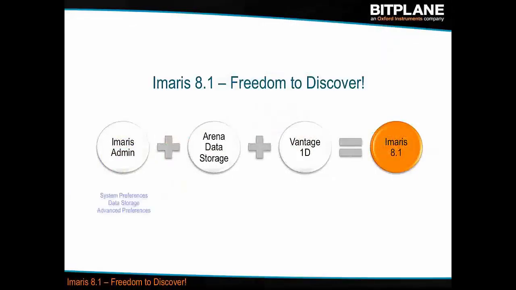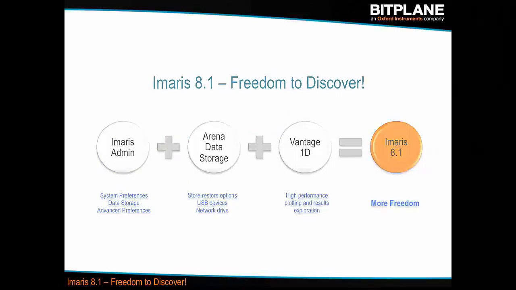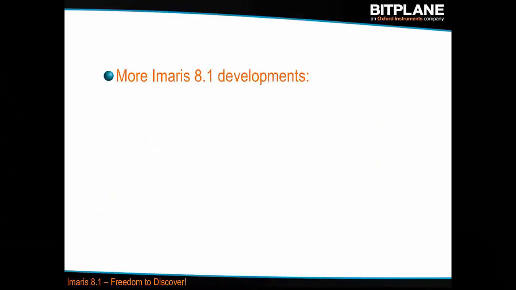So to recap, we have the Imaris admin, Arena data storage, and 1D plots. These are the key advantages or sub-features, and that's Imaris 8.1. In addition to this, we have a bunch of other things that I didn't show today, but I'll just mention them briefly. We fixed 83 bugs.